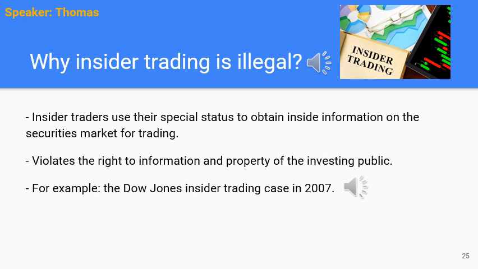Next, I would like to talk about why insider trading is illegal. In order to achieve profit or hedging purposes, insider trading actors use their special status or opportunities to obtain insider information of the securities market and violate the right to equality of information and property of the investing public. For example, the Dow Jones insider trading case in 2007 was an insider trading incident in which Hong Kong celebrity Li Guobao was involved as a director of US-listed company Dow Jones.